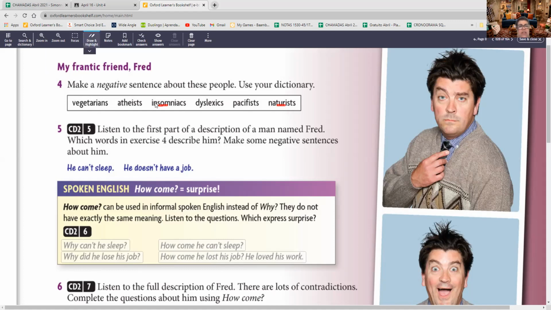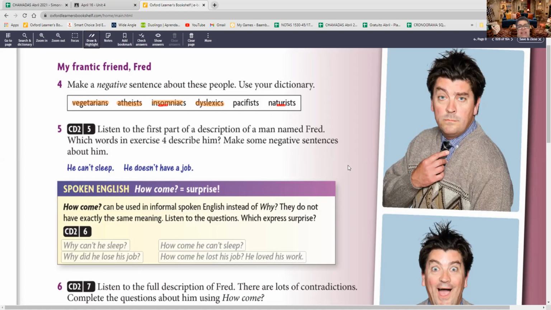So let's say insomniac, okay. Dyslexic? I think atheist, atheist, okay. Atheist, and vegetarian. Yes. All right, you see, 4 out of 6.